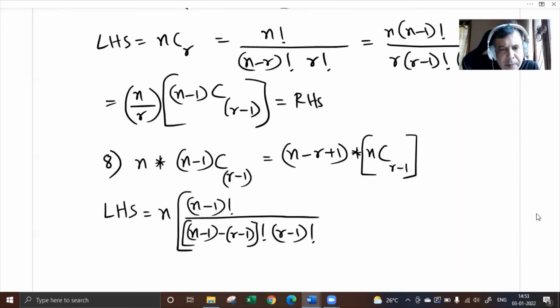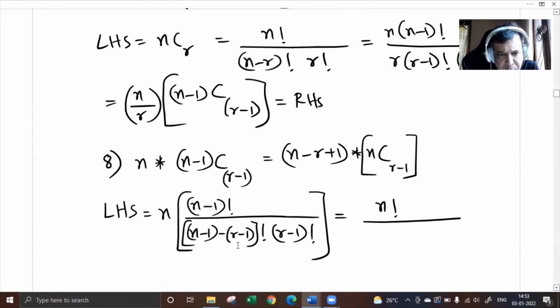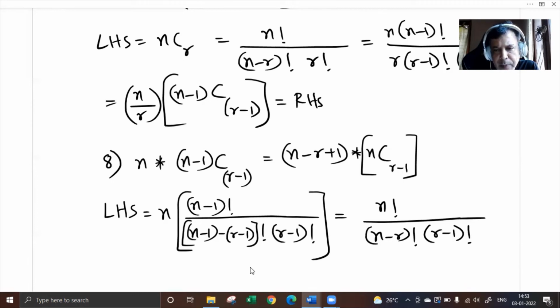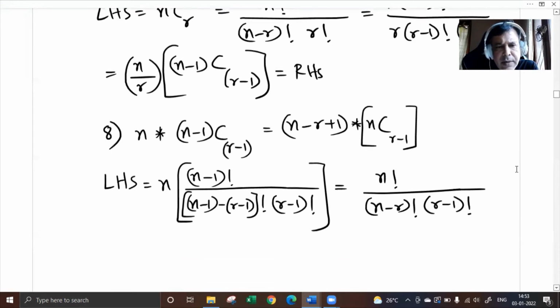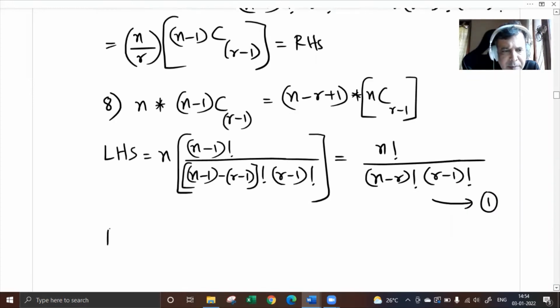And the numerator, I can now club this n into (n minus 1)! as n! divided by this one, minus 1 gets cancelled. So you will get (n minus r)! and into (r minus 1)!. Let us consider this as equation 1. Now let us start with the right hand side.